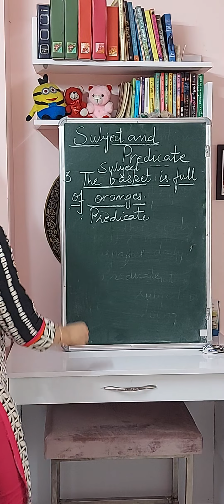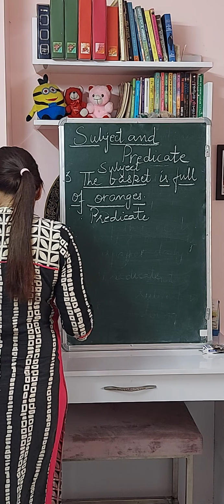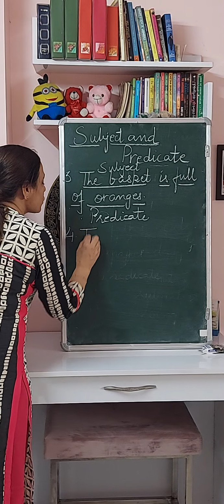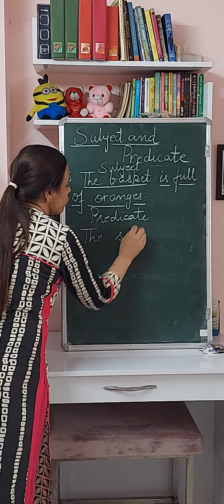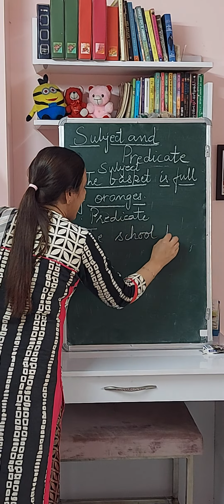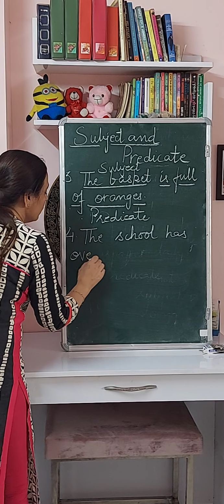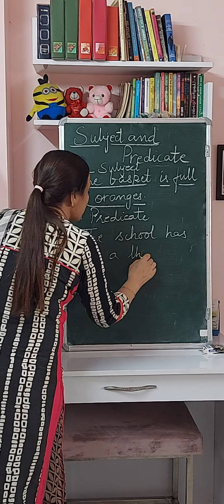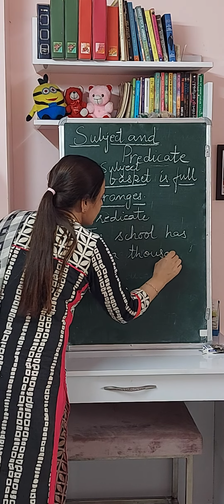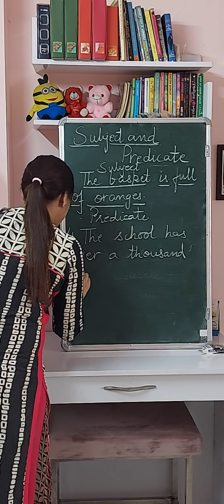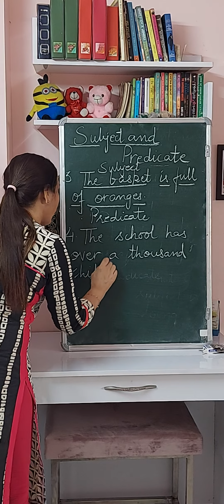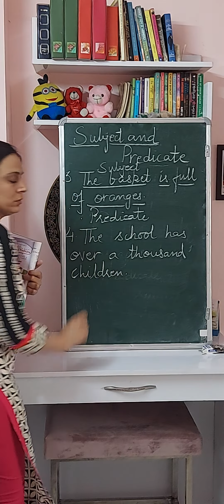Alright. Now moving on to the next example. The school has over 1,000 children. Now what are we talking about here?